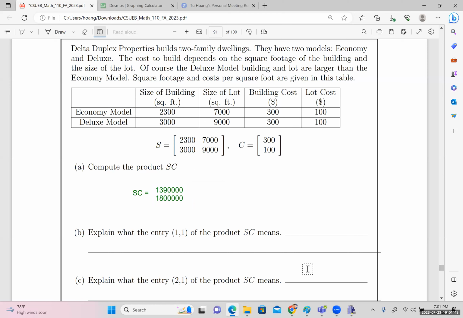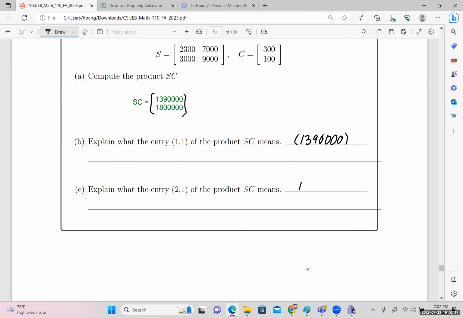And the 1-1 entry will be 1,390,000, right? The second one will be 1,080,000 and 1,800,000.